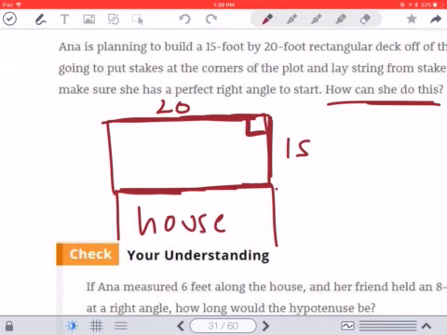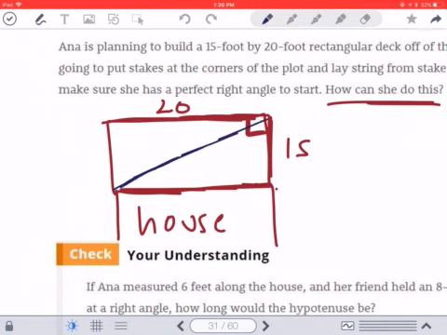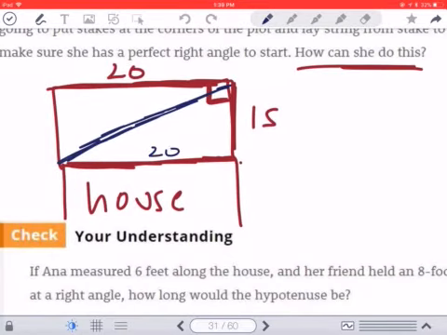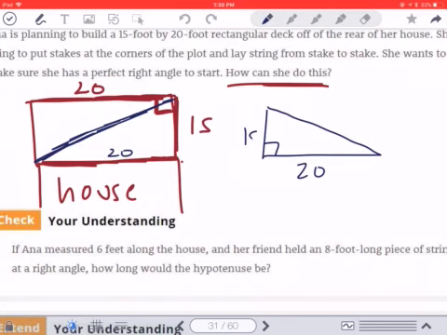So what you can do is figure out what the diagonals of this are. Let me use a different color here. We'll use this blue diagonal. And in order to figure out this blue diagonal, I would use the Pythagorean theorem. Just representing this a different way here. This is 20, this is 15.